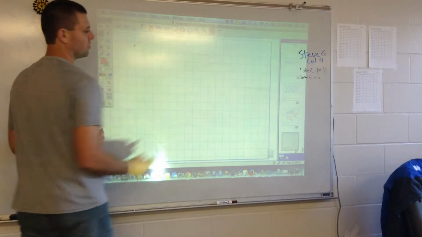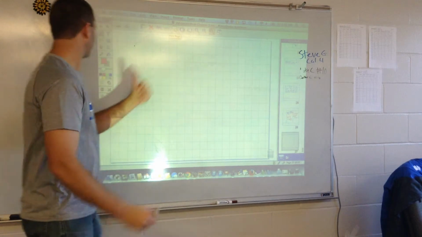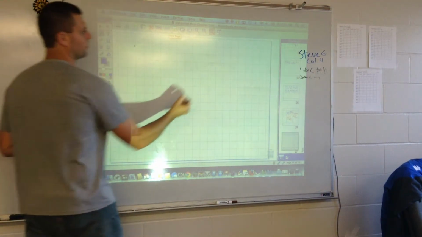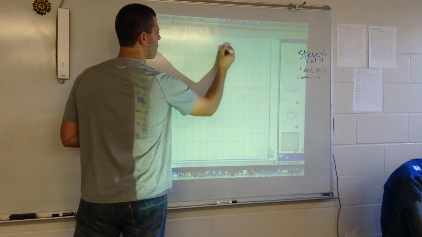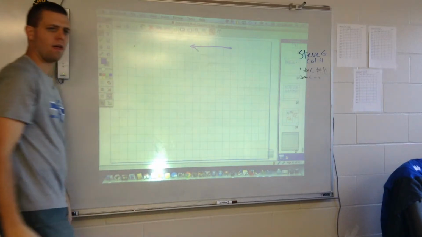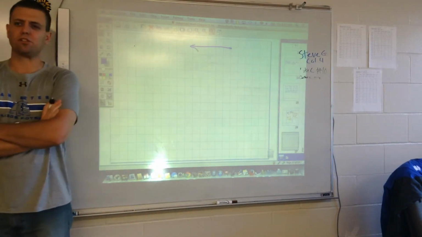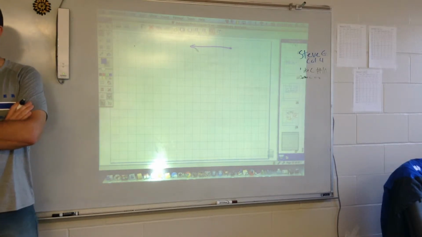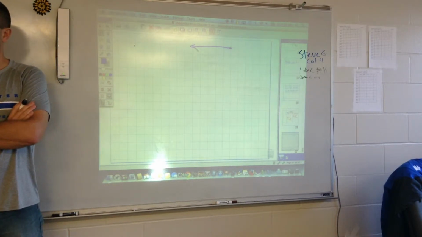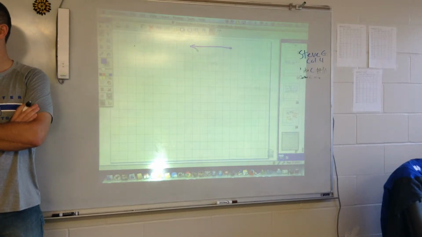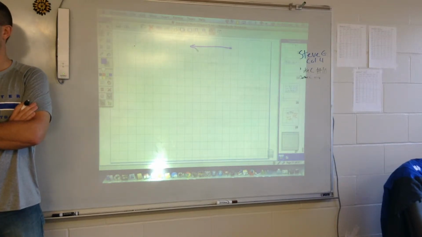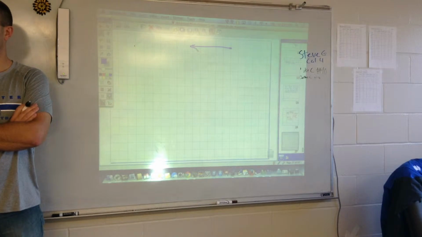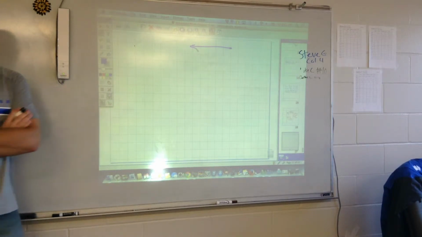In this situation, that vector that represented what we were trying to do when we were swimming due west. How could I represent that vector using an ordered pair, x comma y? Negative 5 comma 0.